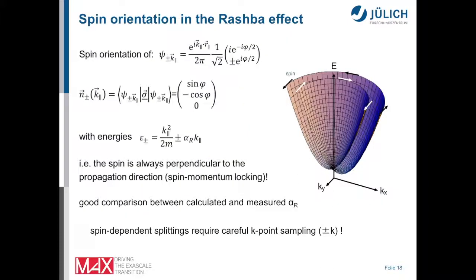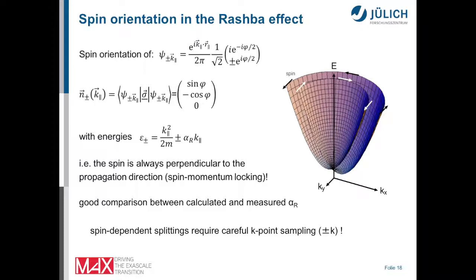Now, this you can also get out from your simple model Hamiltonian I've shown you before. You can see that the spin direction is then in plane and also tangential to your Fermi contour, and the energies of the spin up and the spin down state is split by a term that is linear in k, and the proportionality constant is then the so-called Rashba constant.